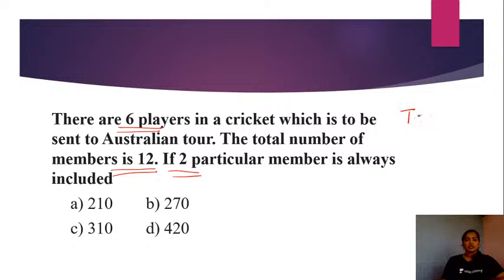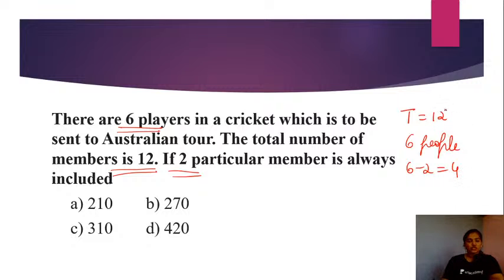Total members is 12, right? You need to select 6 people. Here they have told 2 particular members are already included in the team. So out of 6, 2 are already decided. So what is the number of people that we need to choose now? That is going to be 6 minus 2, and this is going to be 4.